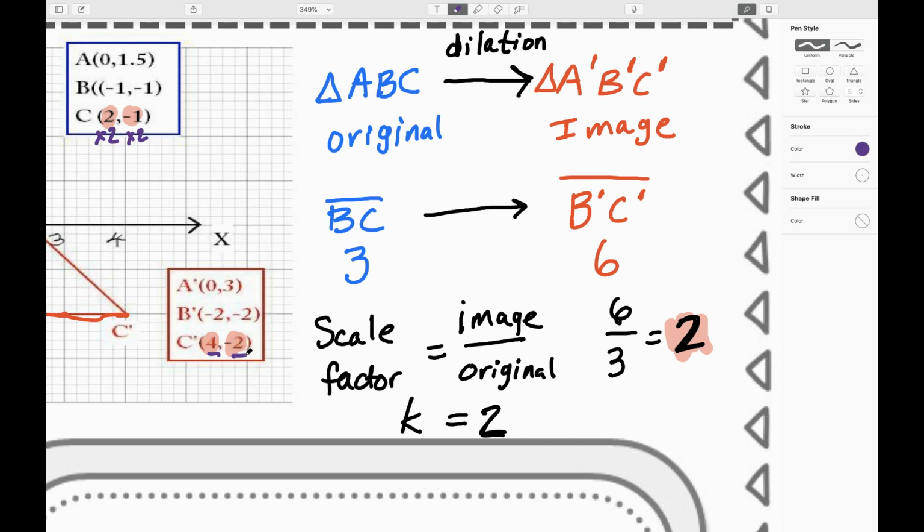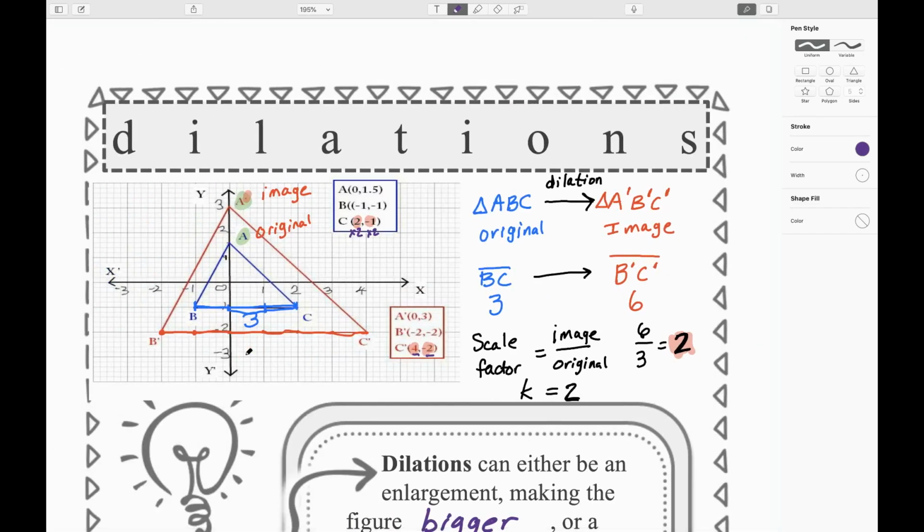Multiply them by 2. The coordinate of C prime, the image, will be 4, -2. And so that gives us the new point that would give us the image that is enlarged by a scale factor of 2.